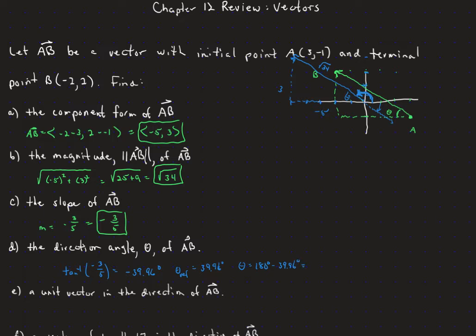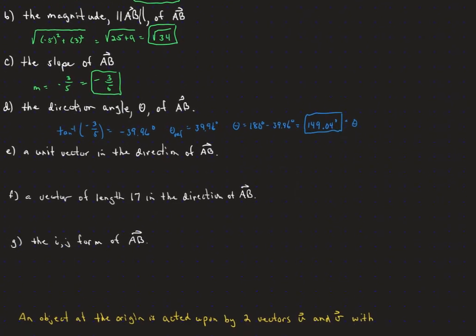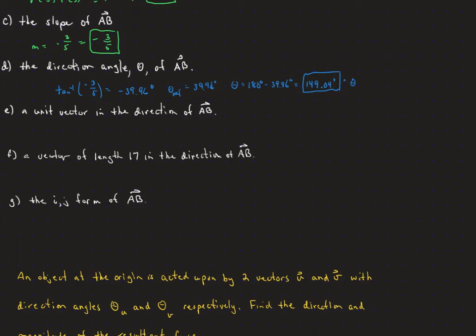So I'm going to add the 180 to what I have on the calculator screen, and that's going to be 149.04 degrees is our angle theta, the direction angle of our vector AB. So when you do these, you have to keep in mind which quadrant we're in, and it may take a little bit of reasoning to get what that actual angle coming from the x-axis is going to be.